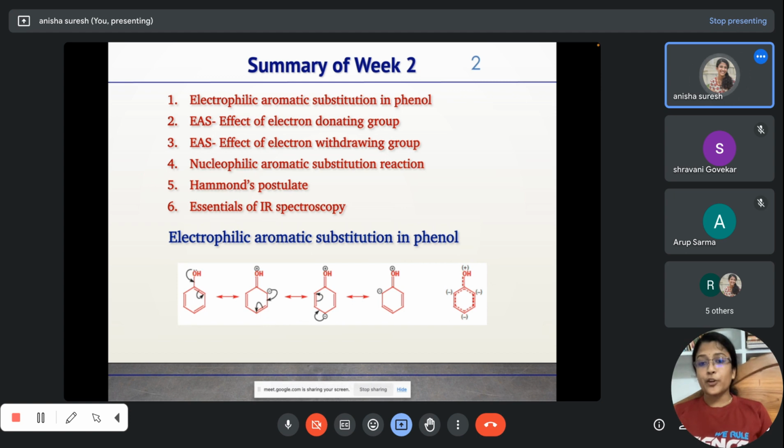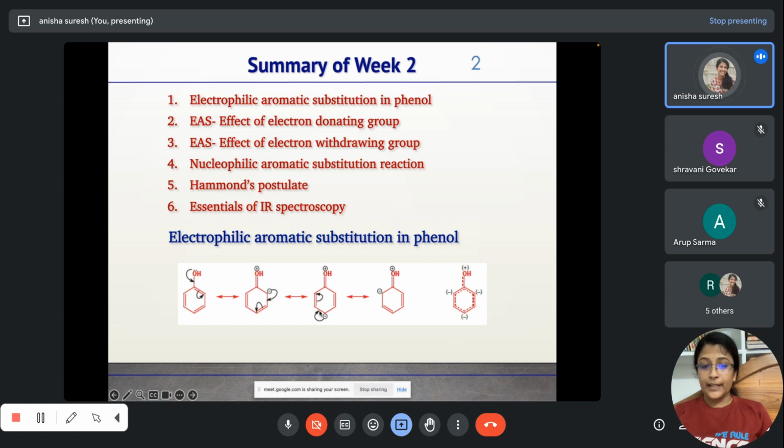In electrophilic aromatic substitution in phenol, compared to benzene, phenol is an activated system because of the lone pair of electrons that can be involved in conjugation with the pi electron cloud of benzene. So, this lone pair of oxygen can delocalize in this fashion, and a negative charge will be delocalized into the aromatic ring.